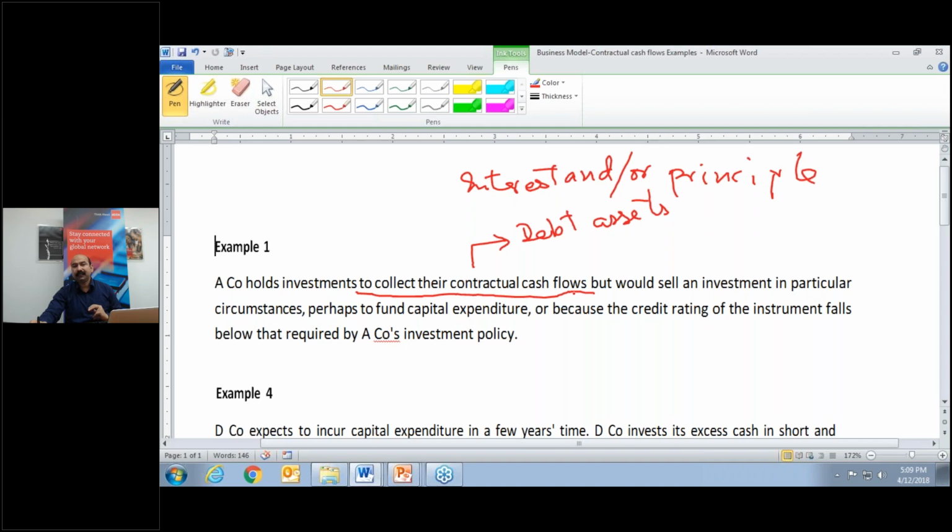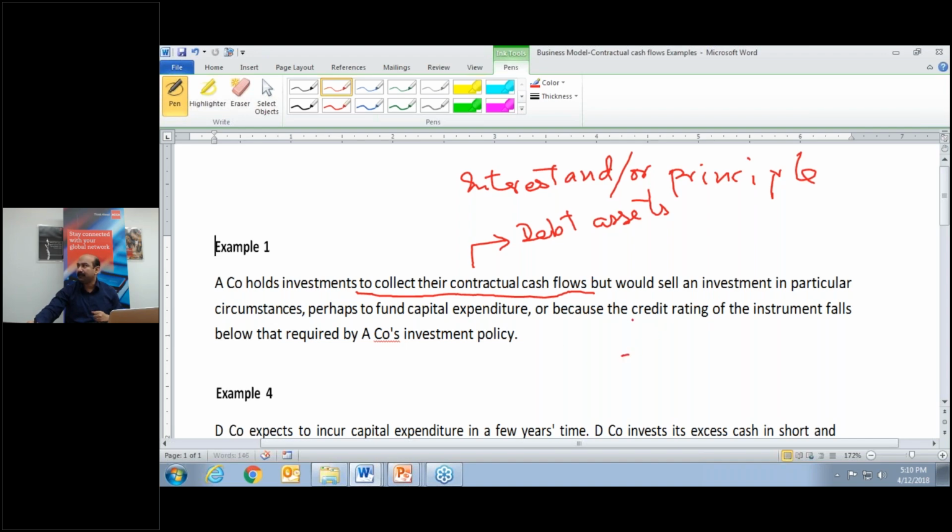if sale is infrequent, even then a company can measure the financial asset at amortized cost.